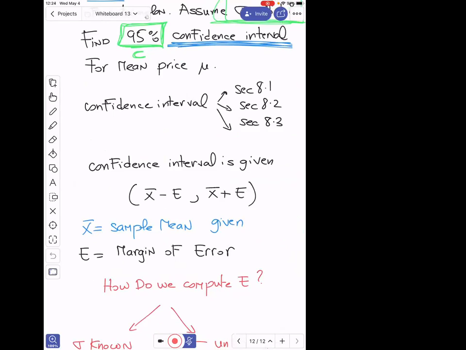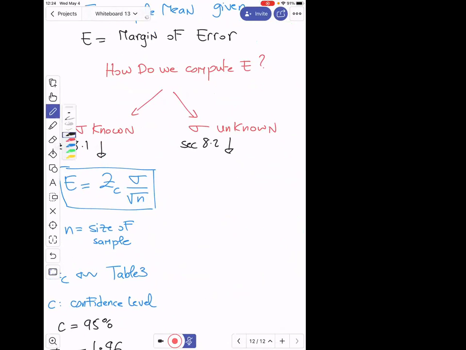So what do we do when sigma is unknown? Well, when sigma is unknown, we have a different formula for the margin of error E. This margin of error E would be equal to, it's not the variable Z, it's going to be a variable T, subscript C, and instead of sigma, because sigma is unknown, it's going to be the sample standard deviation S over the square root of n.